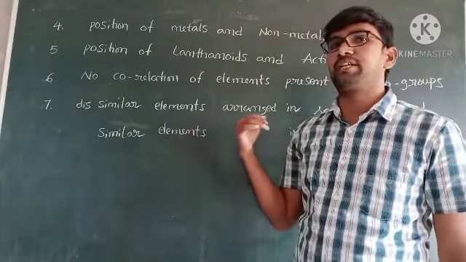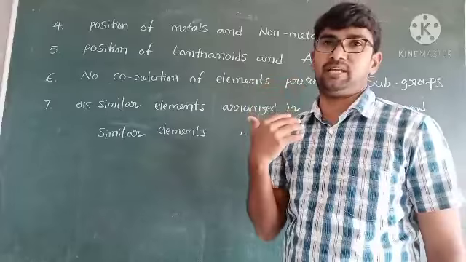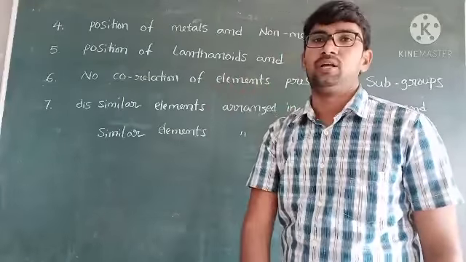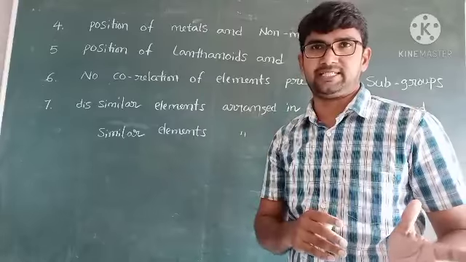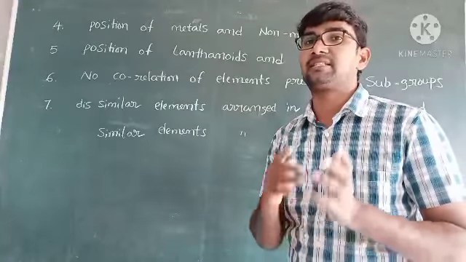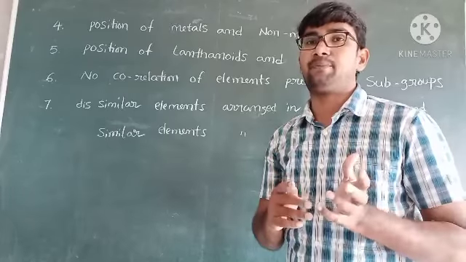Actually, the Mendeleev periodic table gives us a perfect picture and a perfect idea of how to arrange the elements as a table. Any table is first divided into groups and periods, and the group elements have the same chemical properties and the same type of nature.